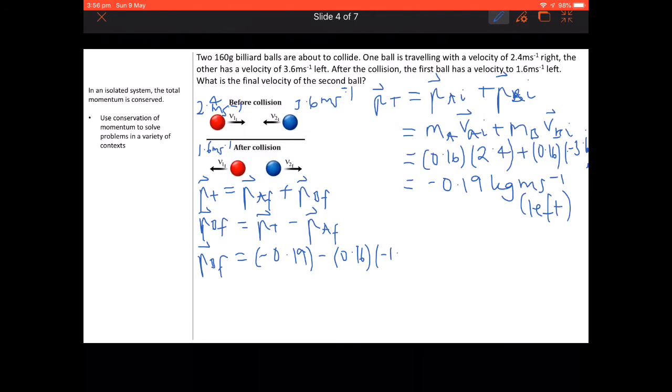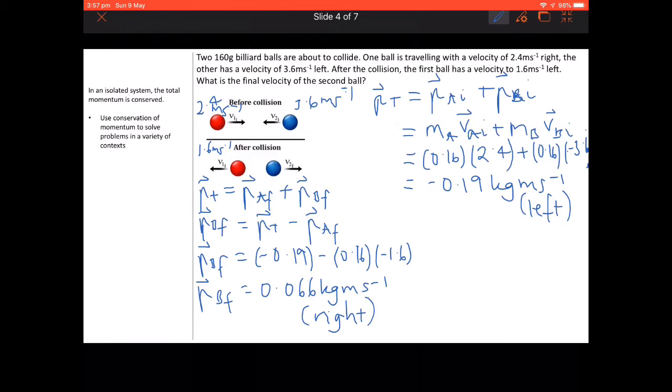That'll be negative 1.6. And then if you pop all of this into a calculator, you will end up with 0.066 kilogram meters per second, and because it's positive, that's to the right.